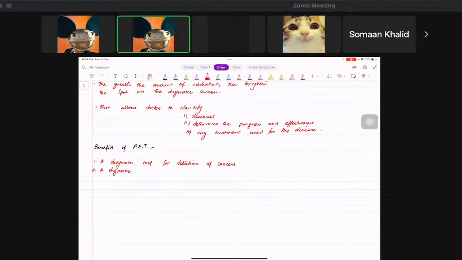Number two, a diagnostic tool for investigation of heart diseases and brain injuries. Number three, investigates Alzheimer disease.